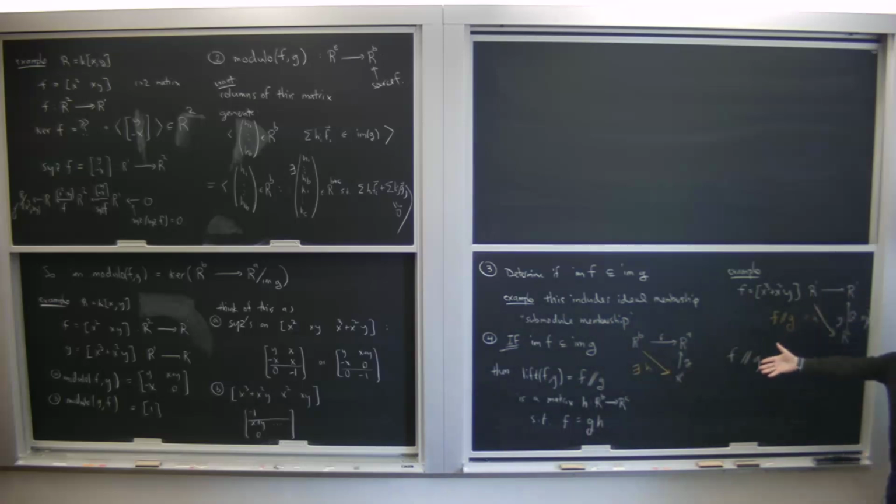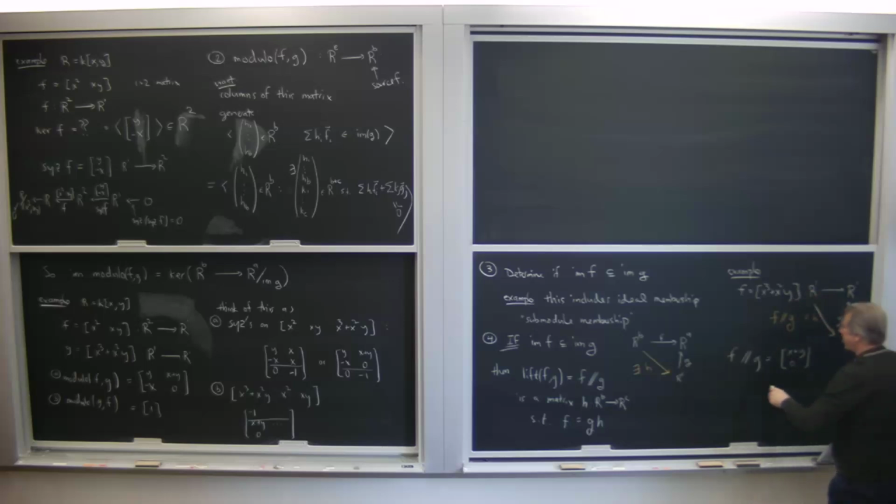So this is a certificate that the image is contained in it. It's giving you specific polynomials, or ring elements, that work. I think it's x plus y and 0. The element 1 goes to (x plus y, 0). When I multiply it here, I get x squared times this, x cubed plus x squared y, which is exactly that. So this is really ideal membership.